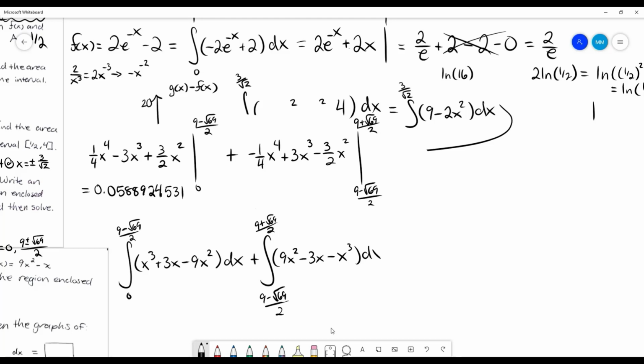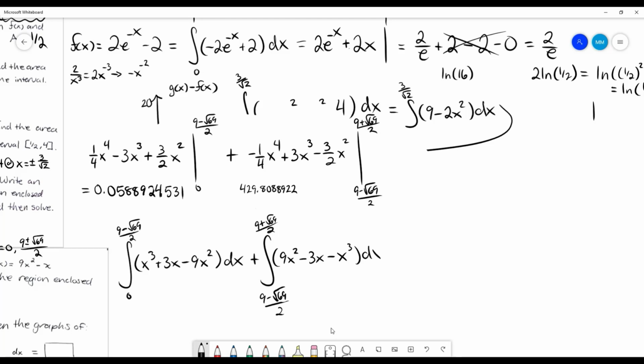So then plugging in that upper bound gets us something like this. Now we need to plug in that lower bound. Okay. Okay, and we're subtracting that.